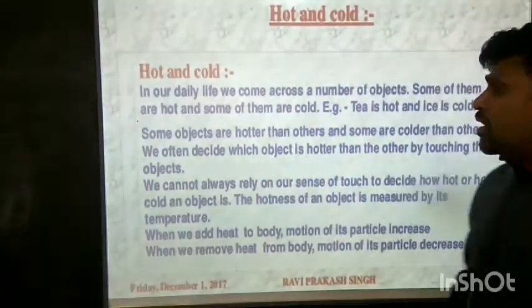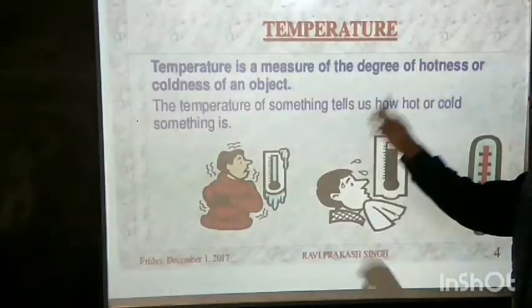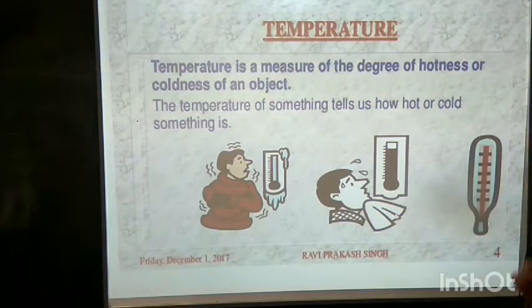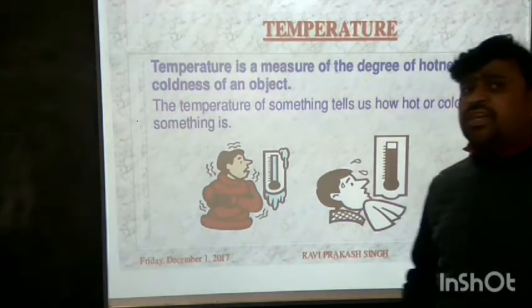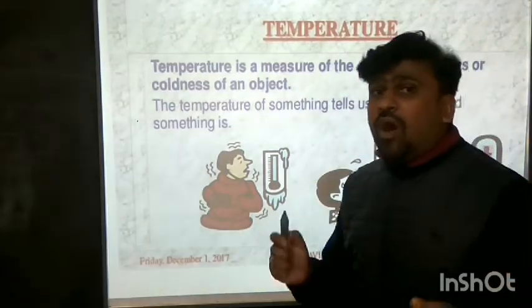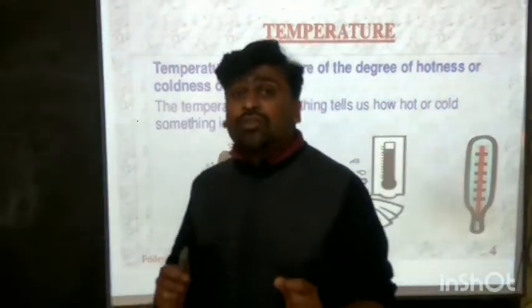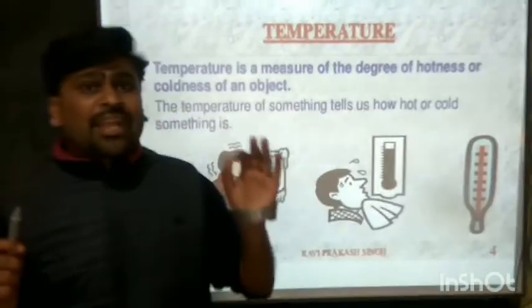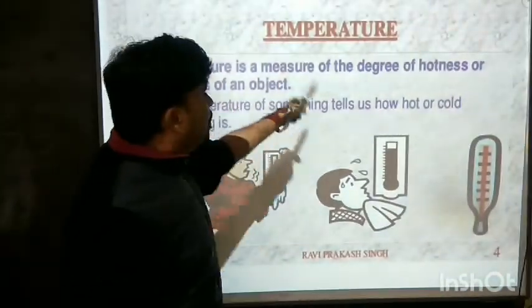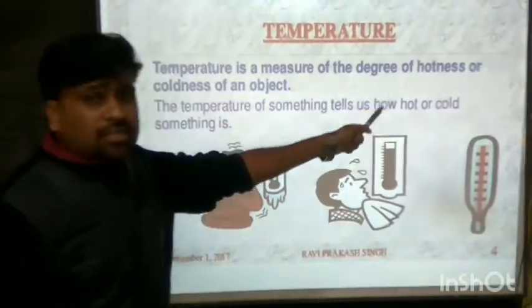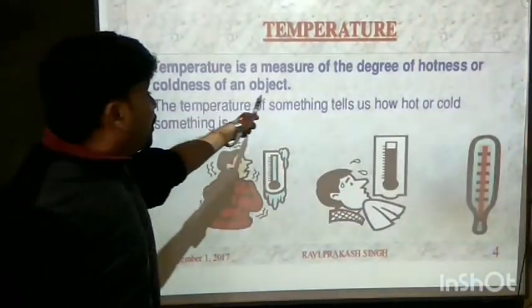That can be done by using temperature. Then what is temperature? The temperature is a measure of the degree of hotness and coldness of the object. Clear? We can measure it accurately.